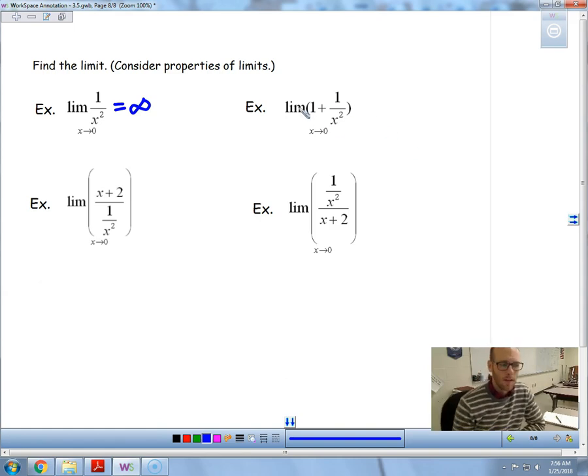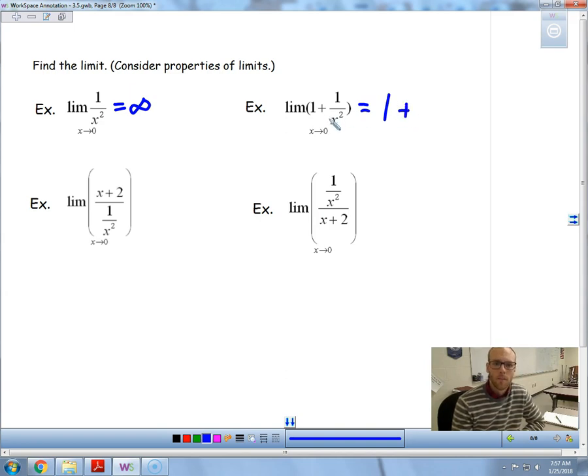Now, what if I take the limit as x goes to 0 of 1 plus 1 over x squared? When we talked about limits the other day, we looked at properties. If I'm taking the limit of a sum of two different functions, I can take the limit of each of those functions individually. What's the limit as x goes to 0 of 1? 1.